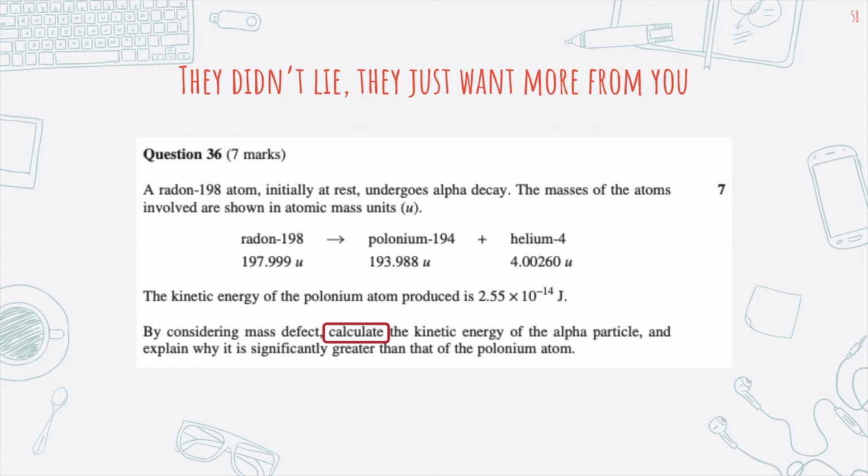We are being asked to calculate the kinetic energy. So there is going to be some reference to a formula in this question here. But again, the main focus is on explaining why it is significantly greater. And this question, a single item question, has a weighting of 7 marks. So it's quite a big question.